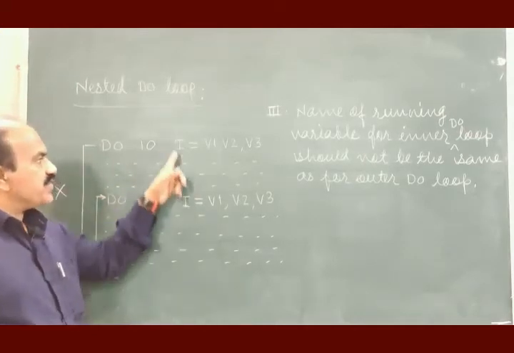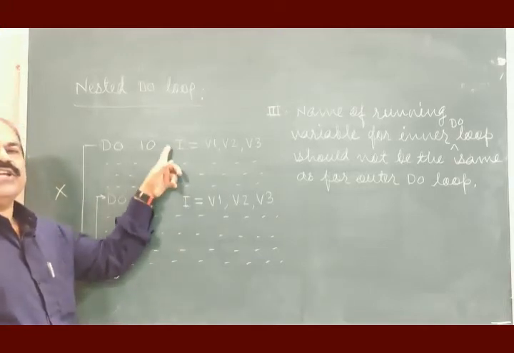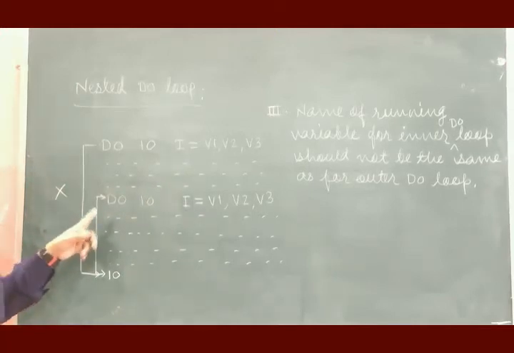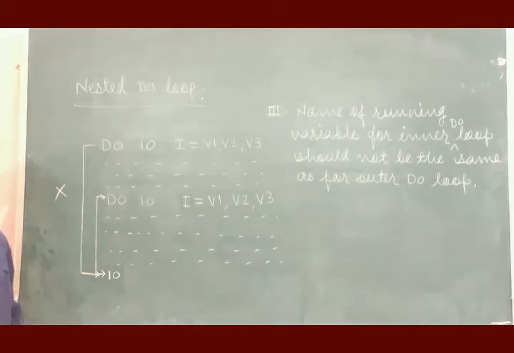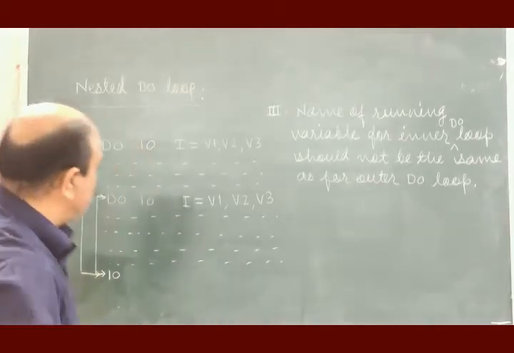If we use the same variable names for running variables of inner and outer do loops, that will be wrong. It is not allowed by the third rule. That will cause an error in the execution of the nested do loop. It is not allowed. What is allowed?